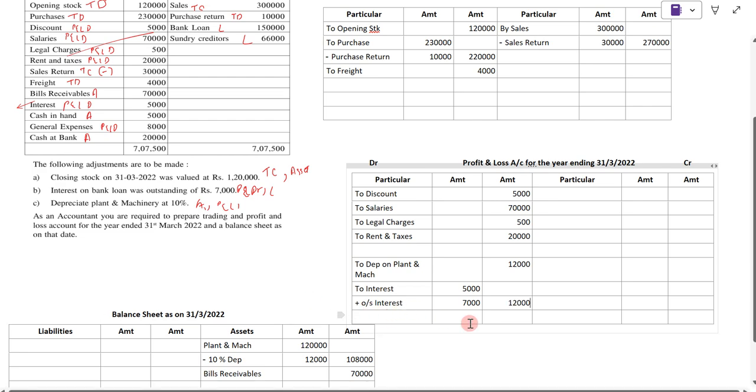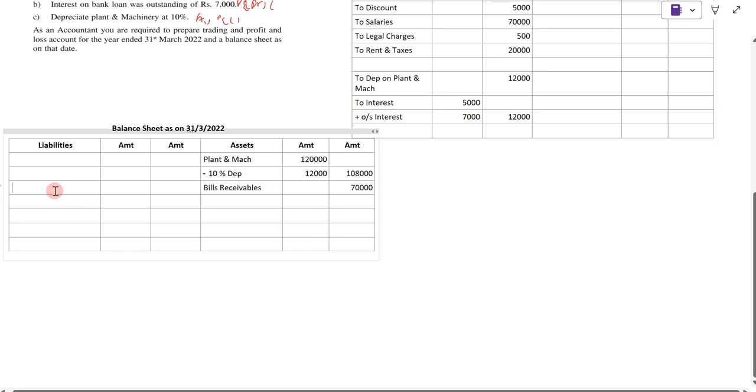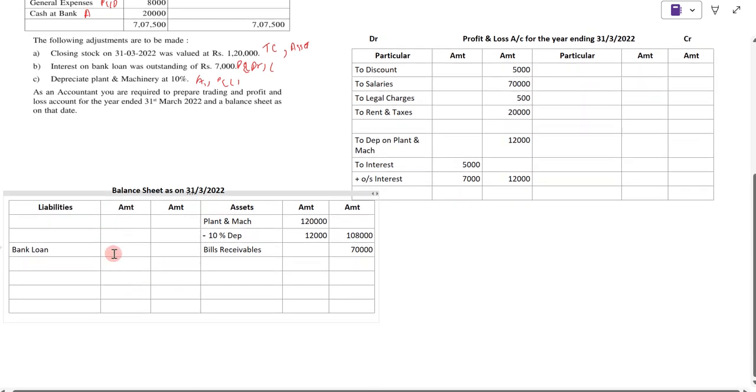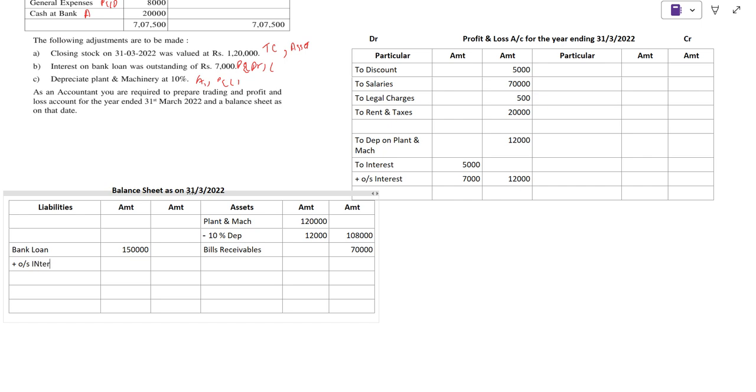The second effect of this outstanding interest will come in the liabilities under bank loan. Bank loan is how much? Bank loan is 1,50,000. Add outstanding interest 7,000. So we will get total bank loan 1,57,000.